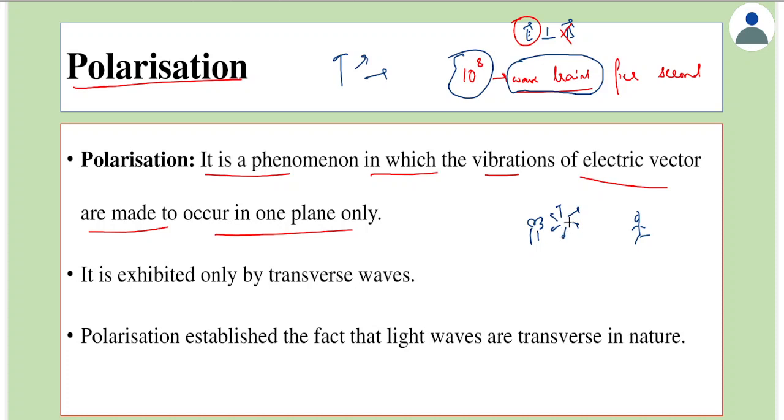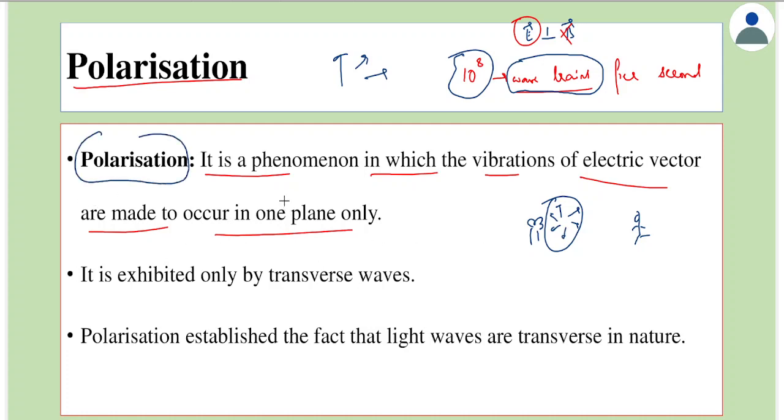This kind of light is said to be unpolarized light because it contains all the possible electric field vibrations and planes. Now suppose the electric field vector is restricted to only one plane, if we remove every other plane and restrict it to only one plane, that phenomenon is called polarization.